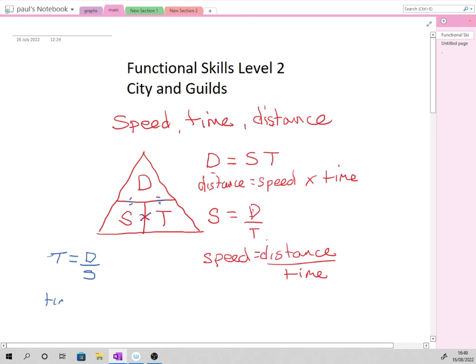So time is equal to the distance divided by the speed. Okay, so those are the three.